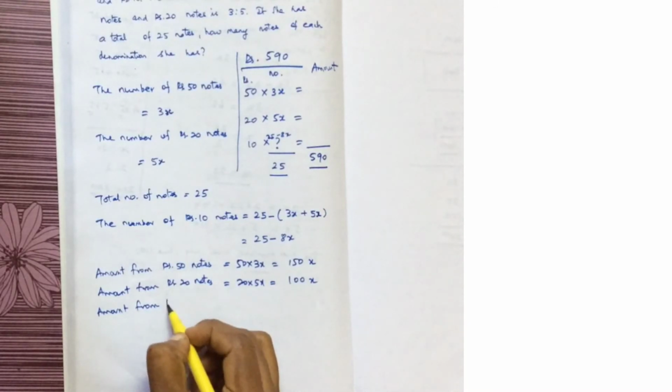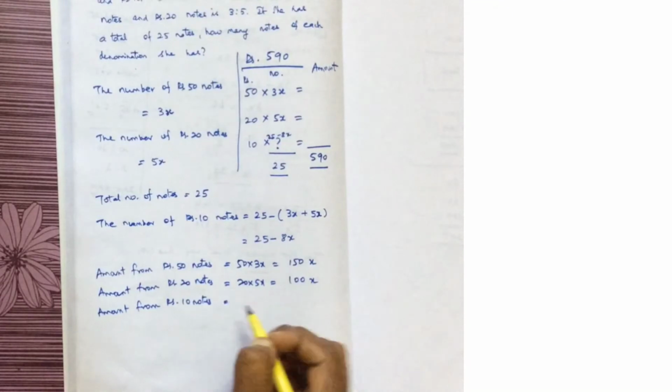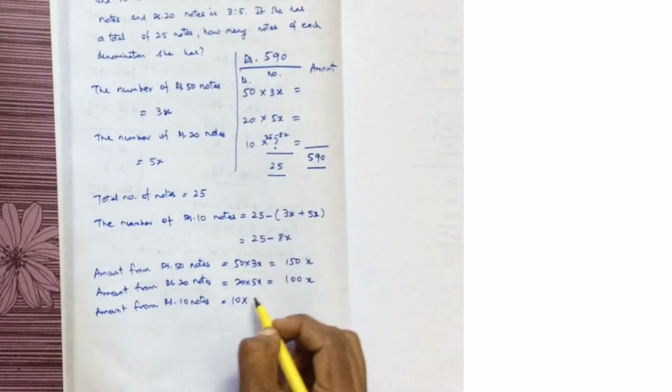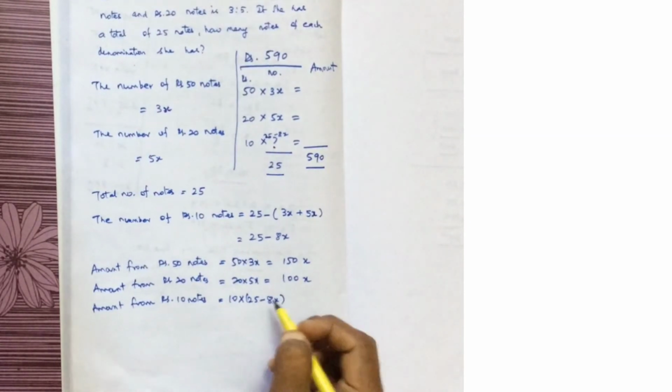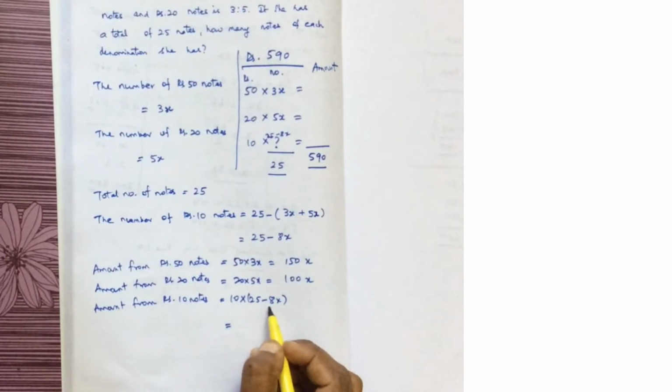Amount from rupees 10 notes is 10 multiplied by this, 25 minus 8x. So 10 multiplied by 25 minus 8x.